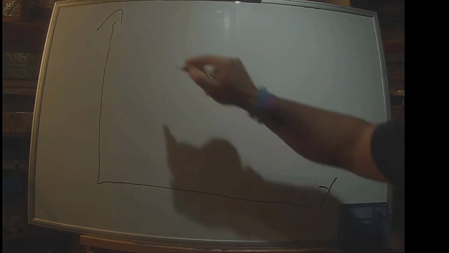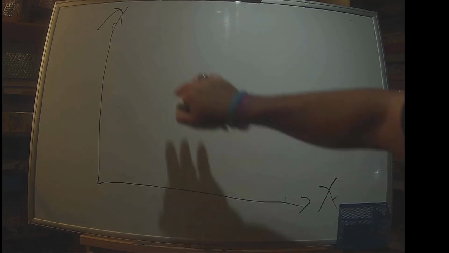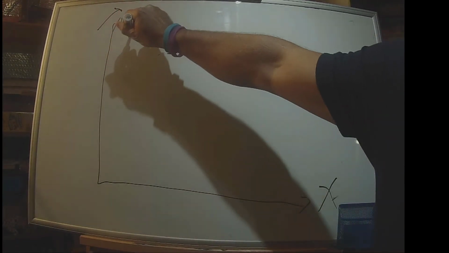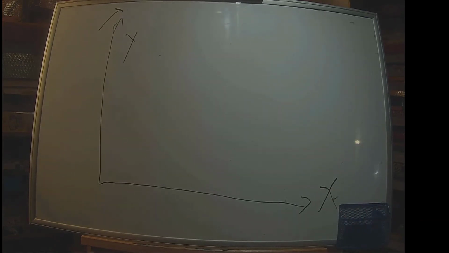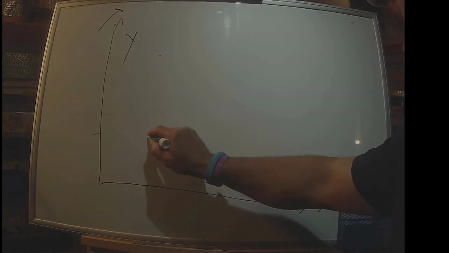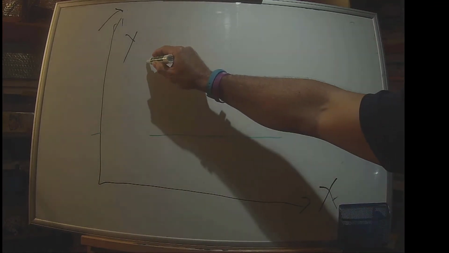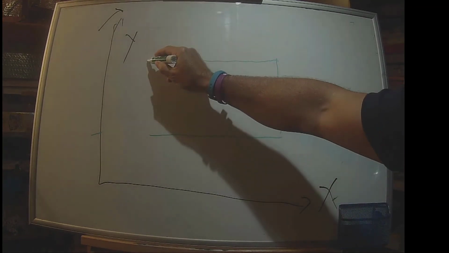This is X. This is Y. Wow, that Y is awful. That's Y. Okay, and now we're going to draw a rectangle there. And our rectangle is going to have horizontal lines and vertical lines.